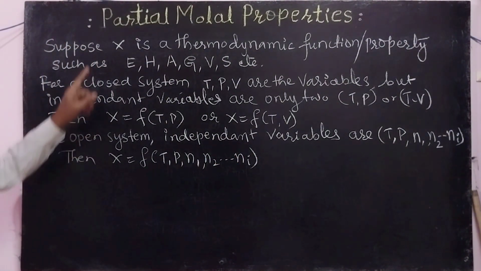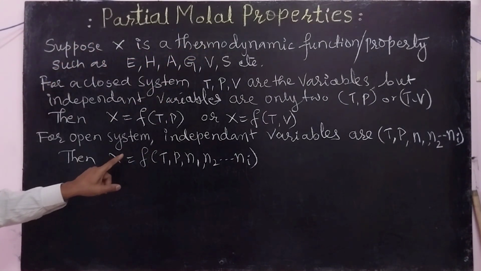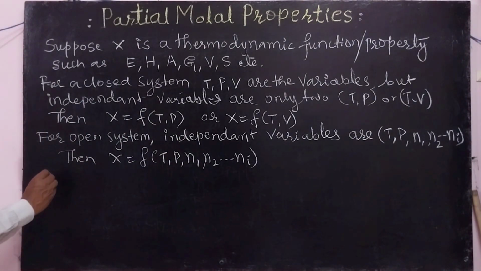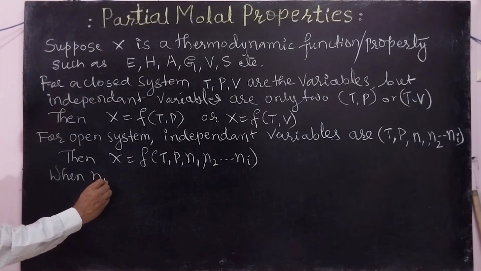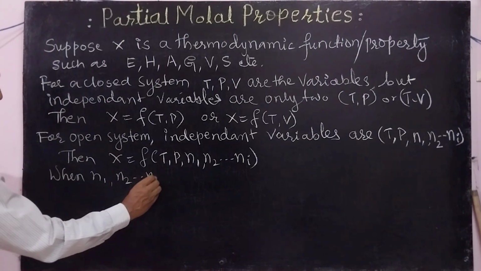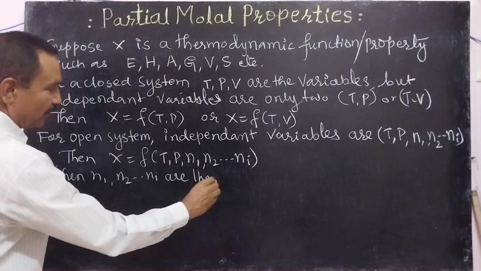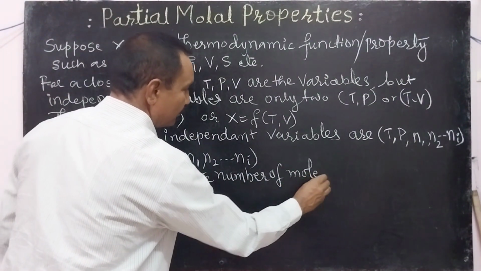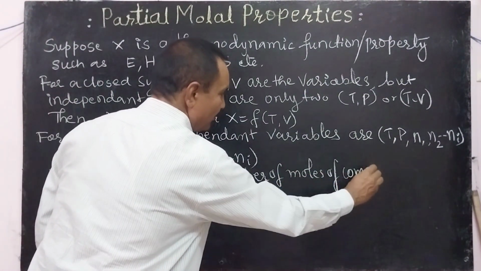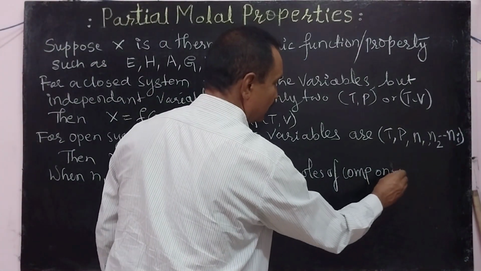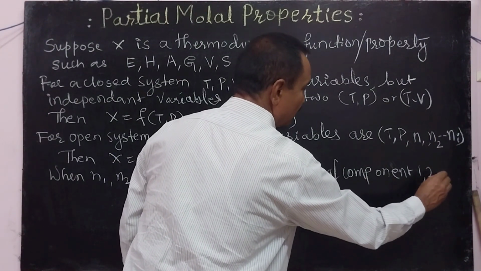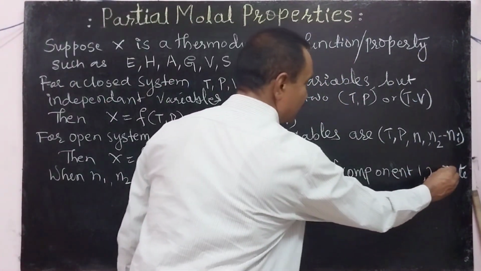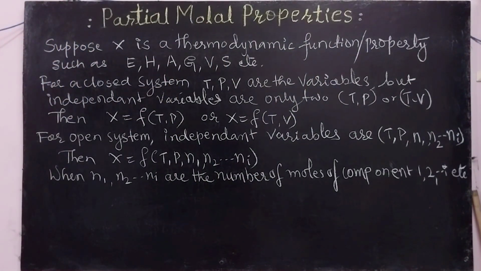Thus the thermodynamic function X is the function of temperature, pressure, and number of moles of the components present, where N1, N2, Ni are the number of moles of components 1, 2, 3, 4 up to i.